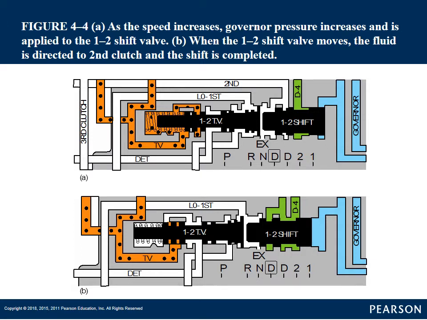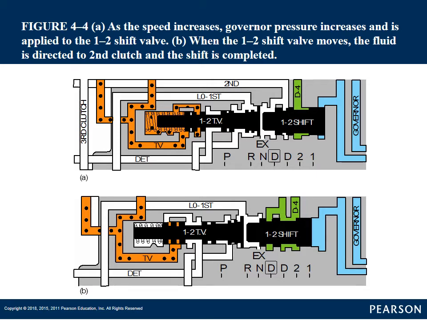Again, if we're gradually accelerating, that governor pressure is going to be able to push that 1-2 shift valve easier than if we're accelerating hard. But either way, what happens is, as you can see in that 1-2 shift valve on the upper one, it's at rest. The 1-2 throttle valve is pushing against the 1-2 shift valve. The spring is pushing on that 1-2 throttle valve. TV stands for throttle valve.